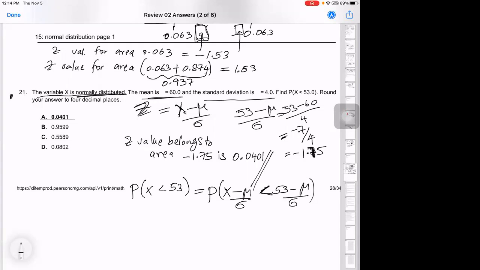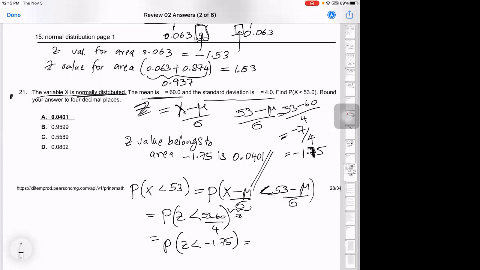So this first piece is going to be Z, less than 53 minus mu, which means 53 minus 60, divided by 4. This gives you z less than negative 1.75. So this is what you need to find, the probability of z less than negative 1.75.